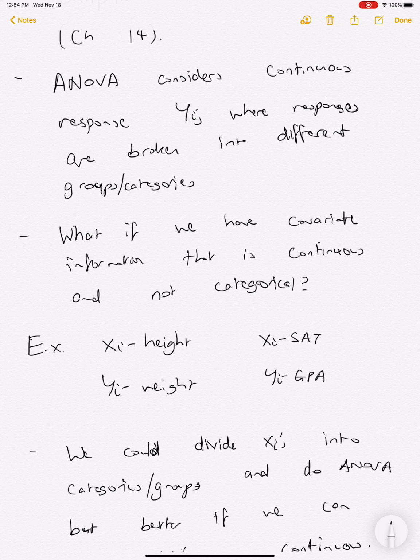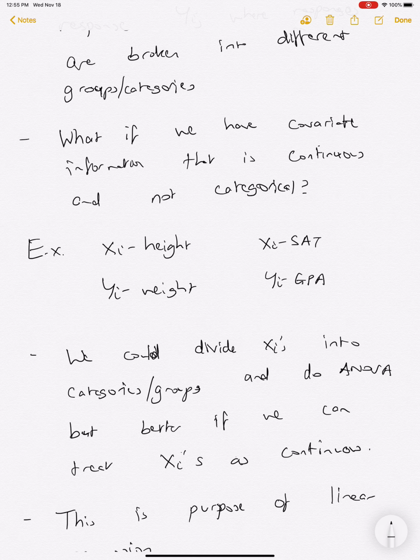Height is generally measured as a continuous variable, and you want to model the weight of individuals, and you certainly expect it to be very related to the height. If you wanted to apply ANOVA, you could break into different categories, like 5 to 6 feet, 4 to 5 feet, and so on. But this is suboptimal because you're losing some information about what the height actually is.